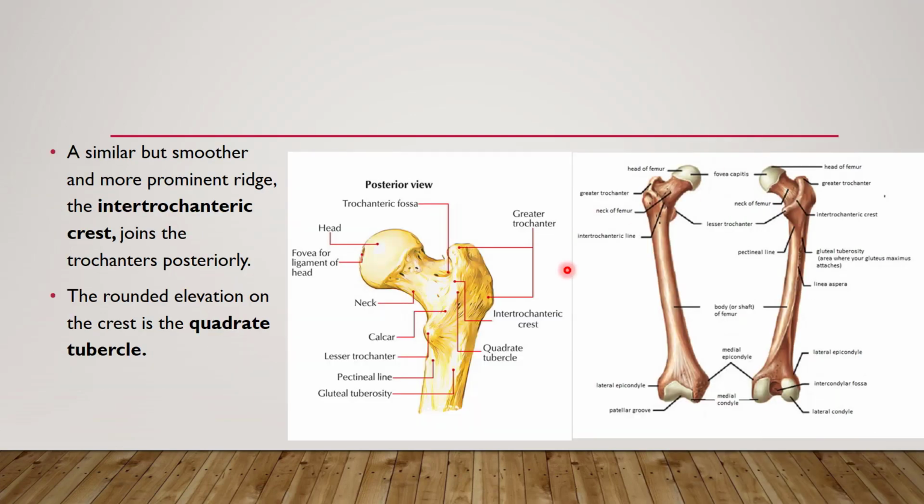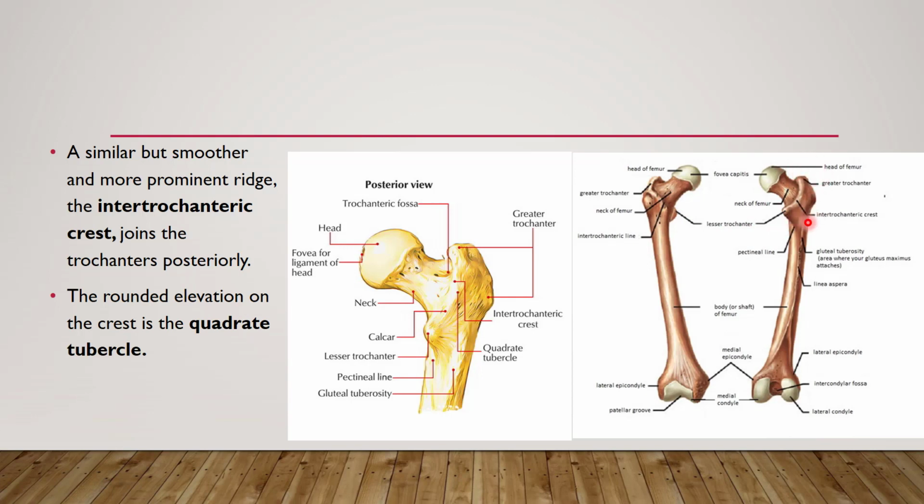There is a similar but smoother and more prominent ridge which is called the intertrochanteric crest. See here, intertrochanteric crest. It joins the trochanters posteriorly. That is what we have learned. The intertrochanteric line is present on the anterior surface, but the intertrochanteric crest is present on the posterior surface.